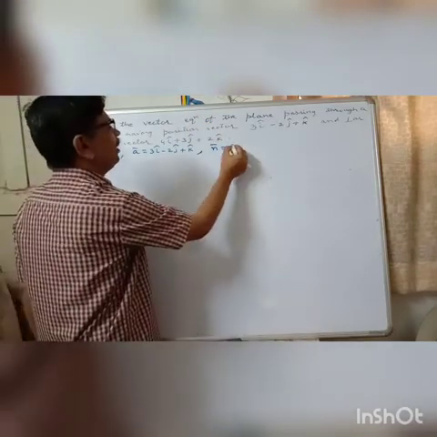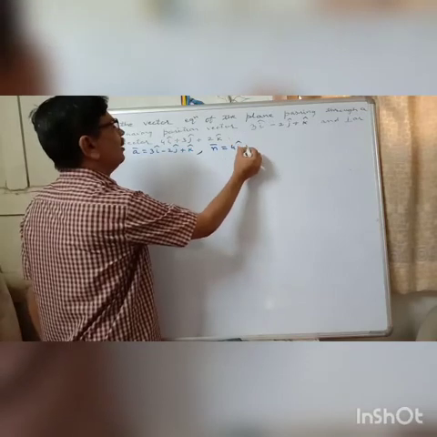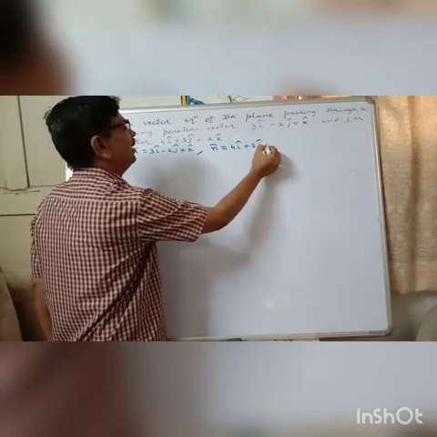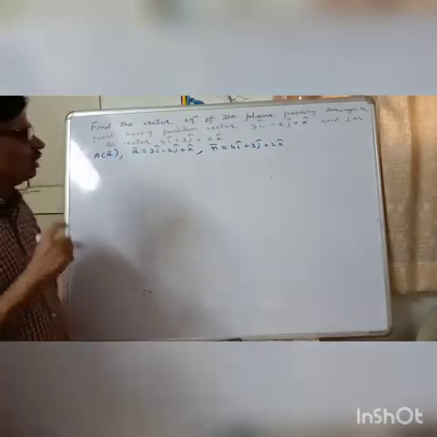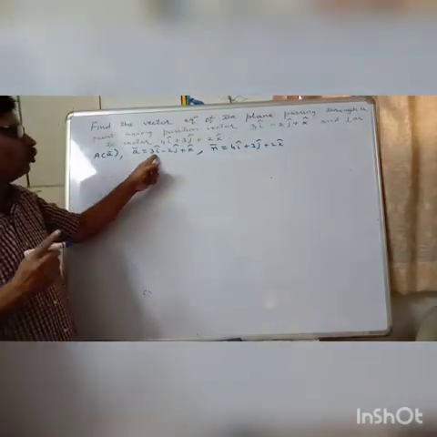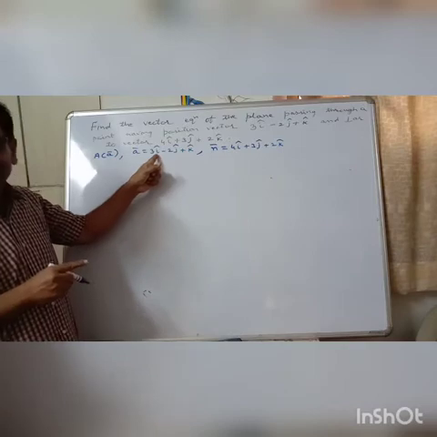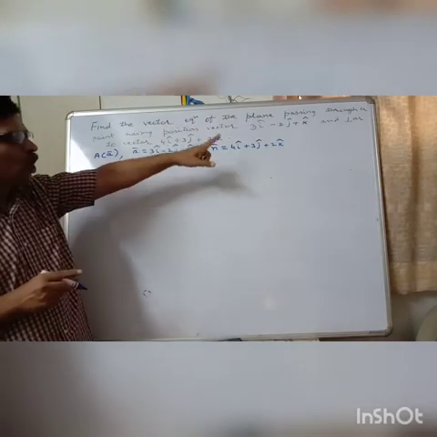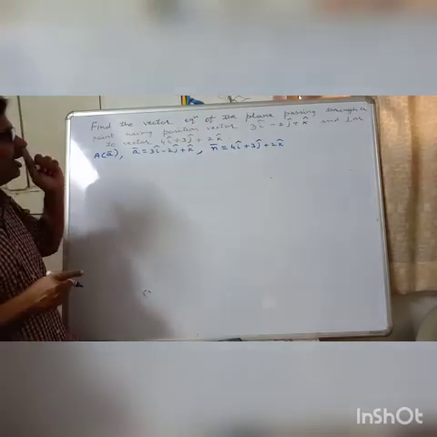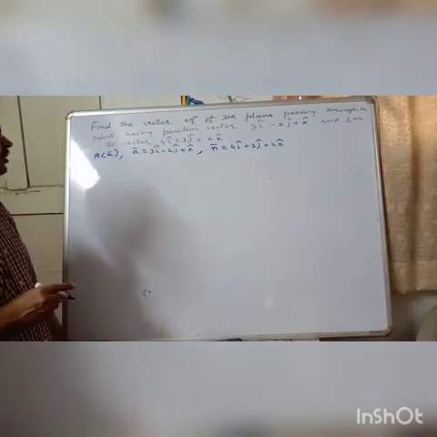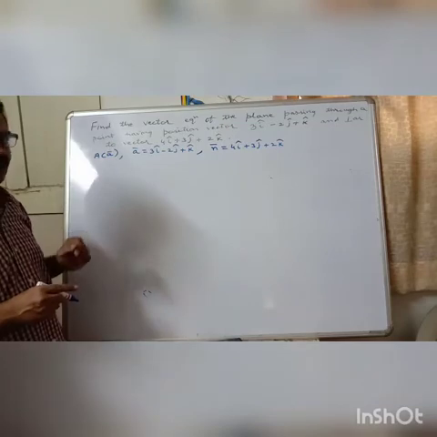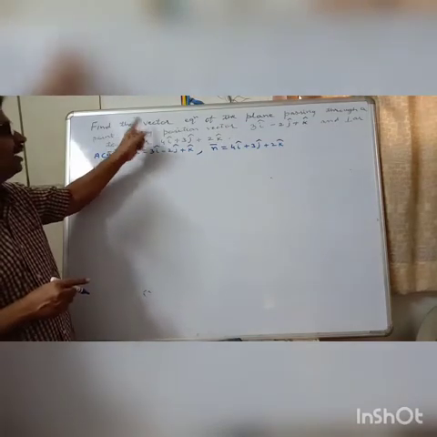So n bar equal to 4i plus 3j plus 2k. So position vector of one point in the plane is given, vector normal to the plane is given, and we have to write equation of plane in vector form.